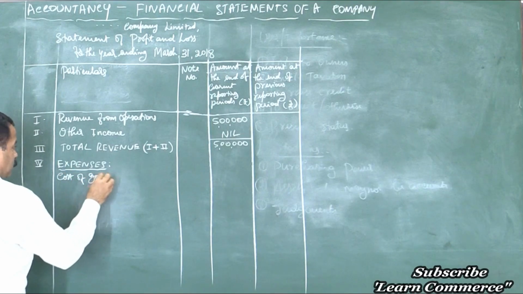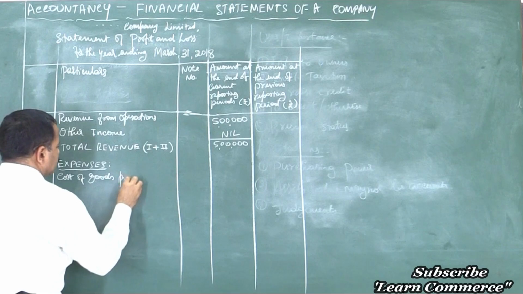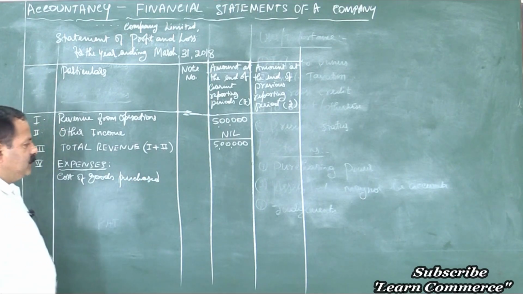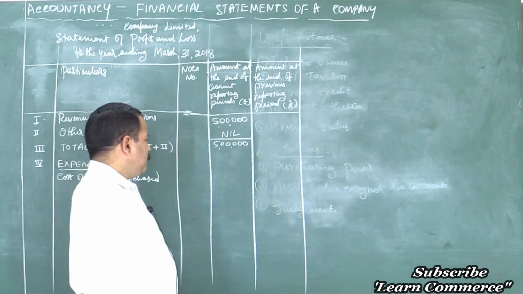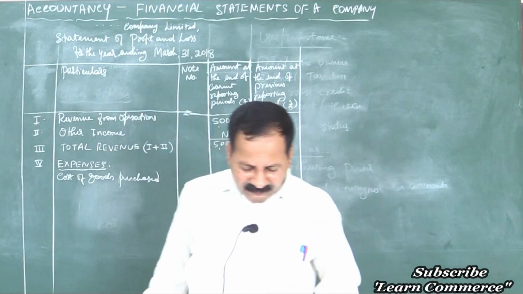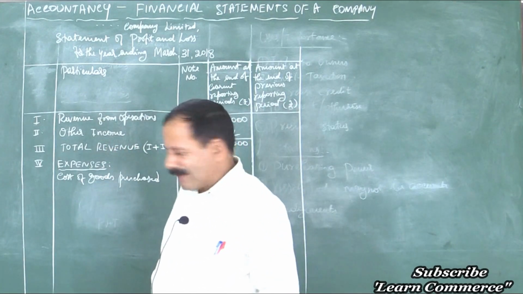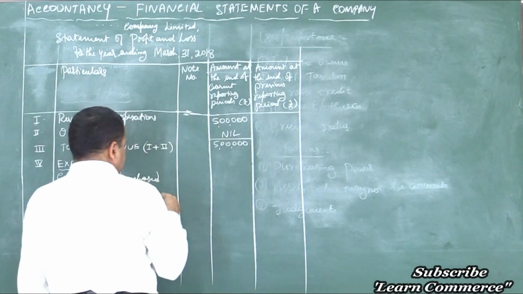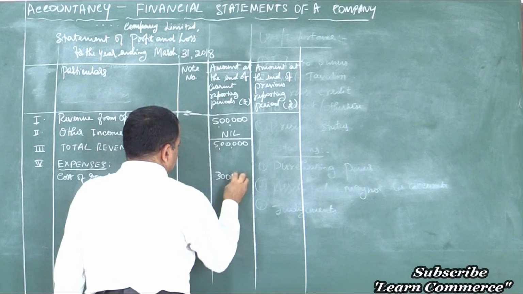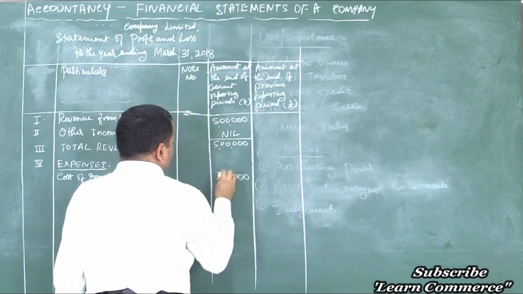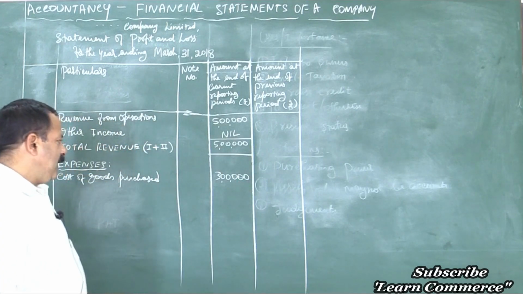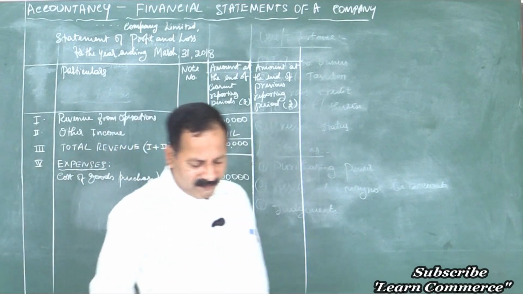How much? Cost of goods purchased is given in the problem as 3 lakh. 3 lakh, isn't it? Underline this. 3 lakh. Then what are the other expenses?